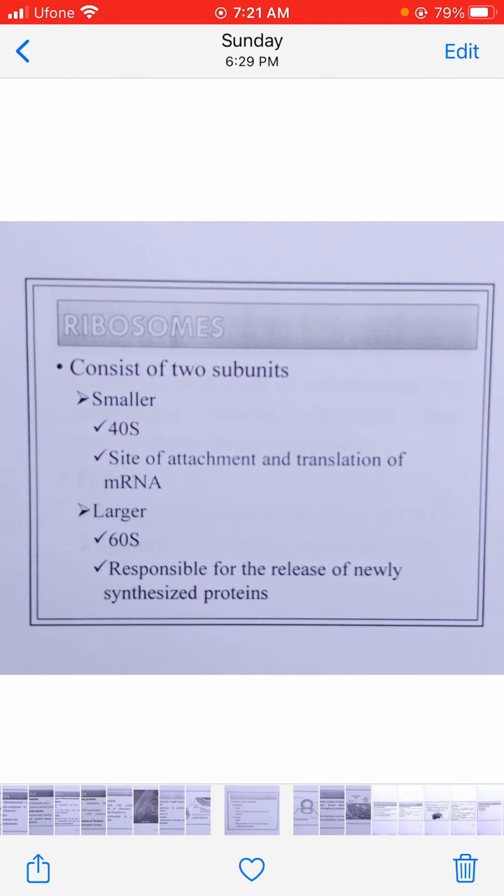The smaller subunit is 40 Svedberg units, while the larger subunit is 60 Svedberg units. The smaller subunit is responsible for the attachment and translation of messenger RNA, while the larger subunit is responsible for the release of newly synthesized proteins.